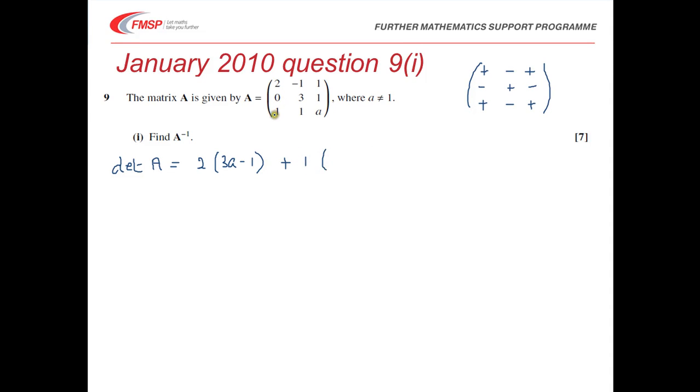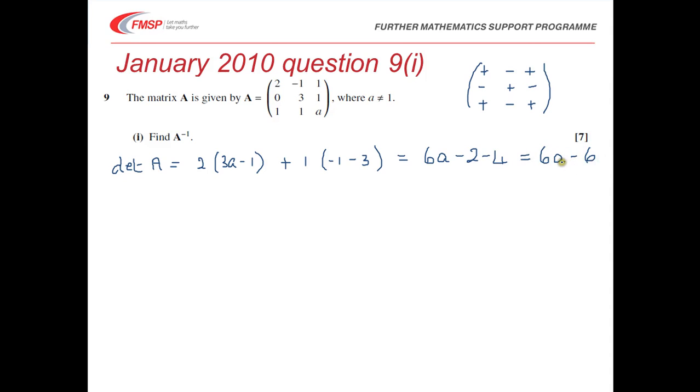Now we're crossing out the third row and the first column, and we're left with minus 1 times 1, which is minus 1, minus 1 times 3, which is 3. And so if we simplify that, we end up with 6a minus 2 minus 4, so 6a minus 6.